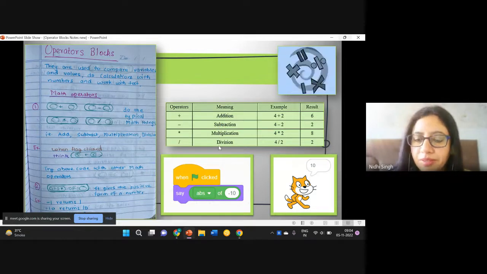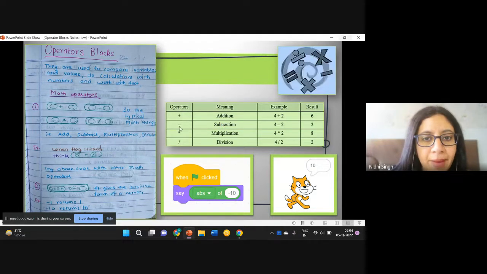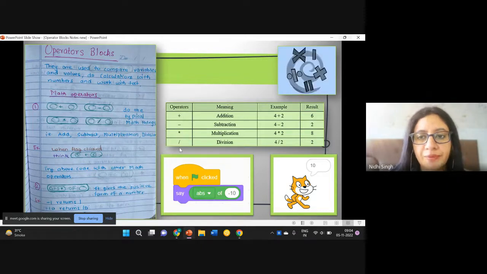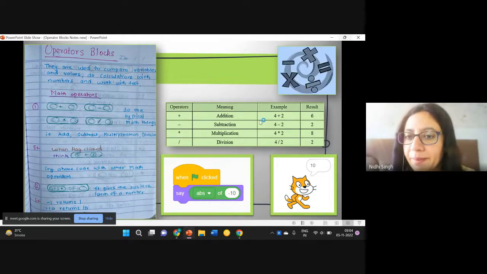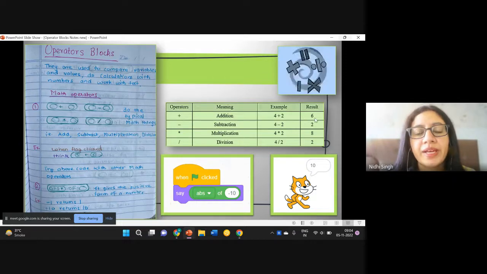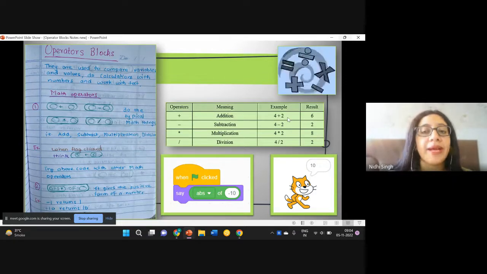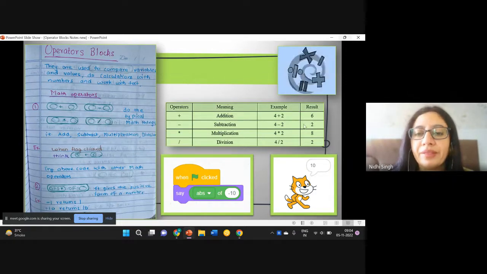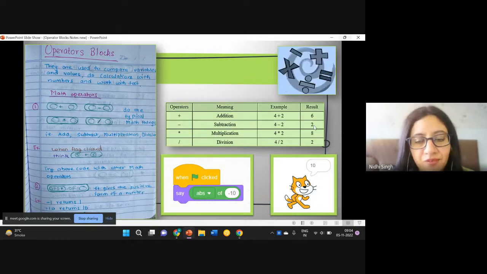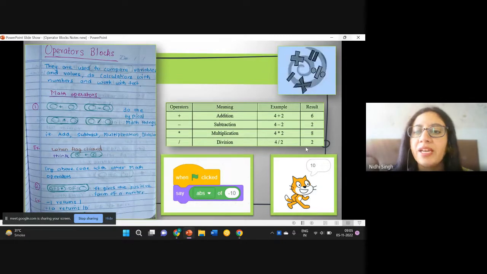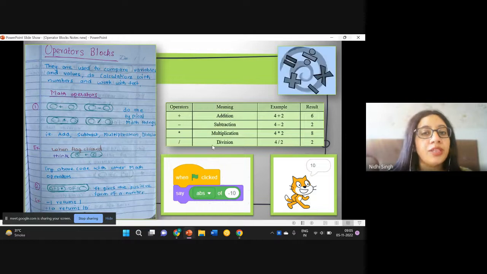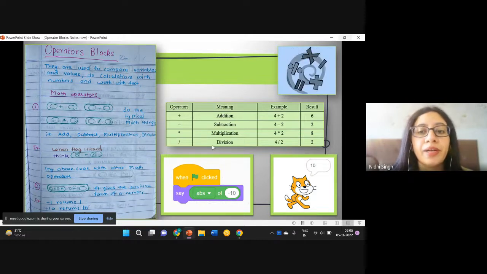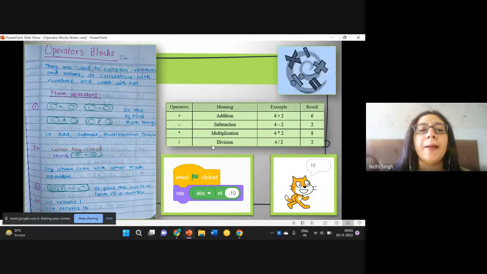Basic operations, plus, minus, multiplication and division. Example, this is very basic. 4 plus 2, we will perform addition, result will be 6. In subtraction, result will be 2. In multiplication, 8. Division, 2. All right. So these arithmetic operators do the typical math things.